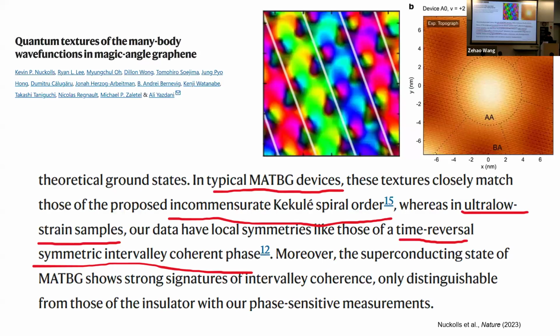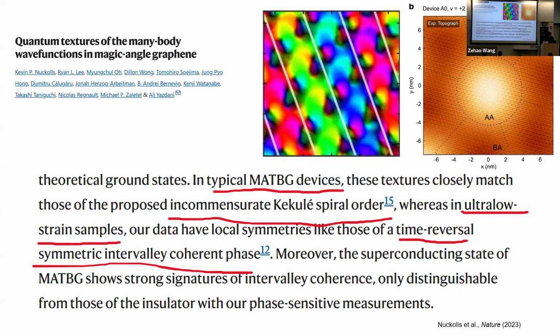And more recently, there's been this tour de force STM experiment last year, which, by using high resolution STM, can actually measure the microscopic order parameter in TBG. What they saw was that in typical strained TBG devices, they seem to have found order that's consistent with this incommensurate Kekule spiral, whereas in rare ultra-low strain samples, they find a different state, whose identity is still under debate, but it's probably not this state.